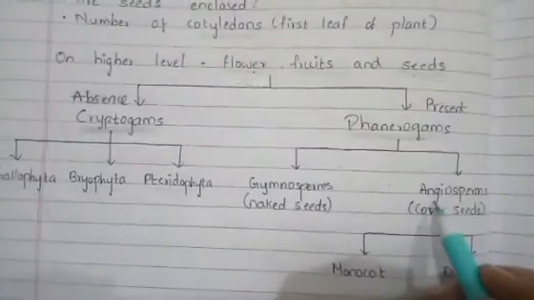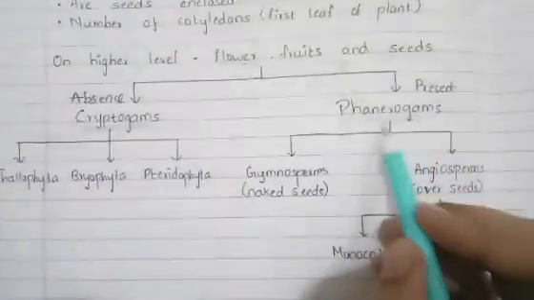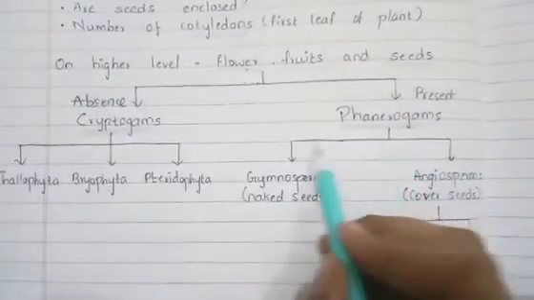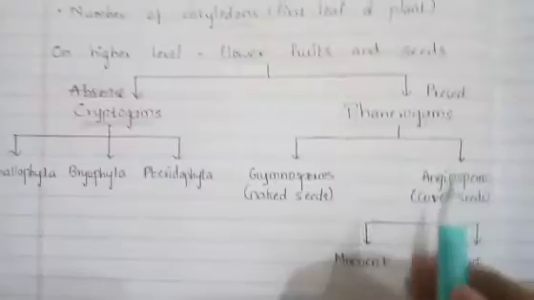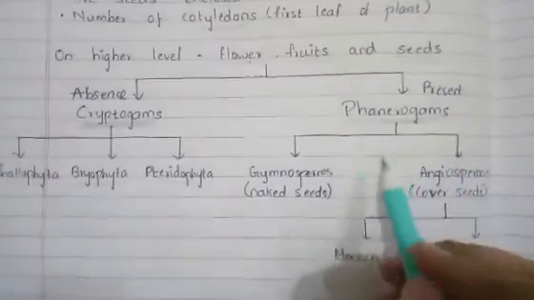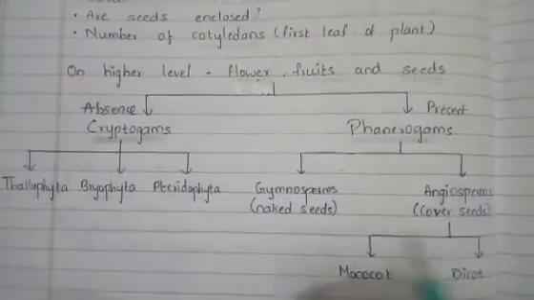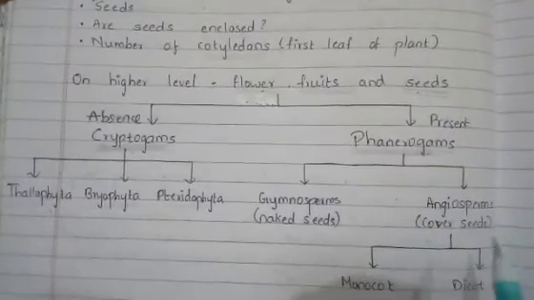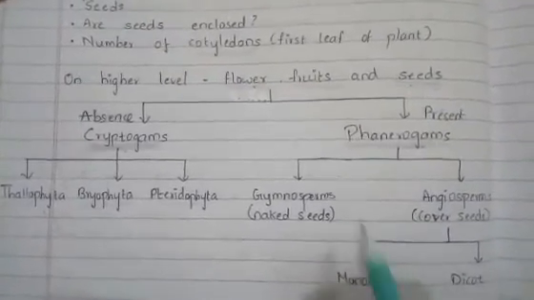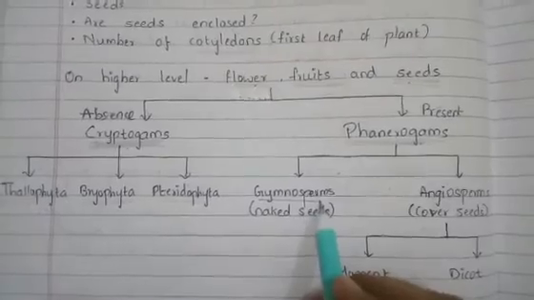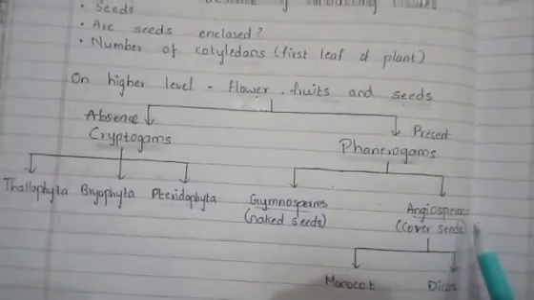If we talk about phanerogams, then phanerogams are again divided into two categories. On the basis of what? On the basis of the seeds, whether the seeds are open or the seeds are covered. There are two categories of phanerogams. First is gymnosperms and the second is angiosperms.